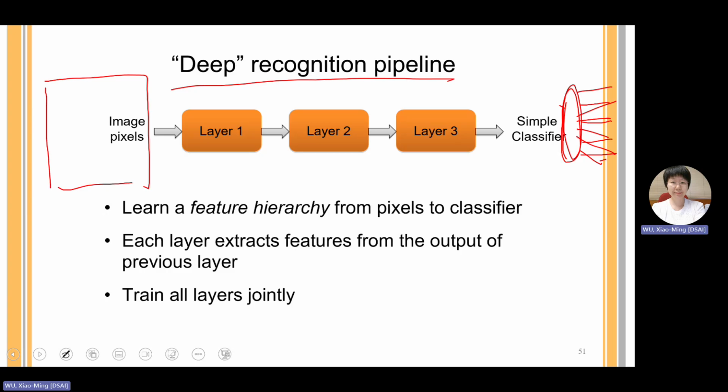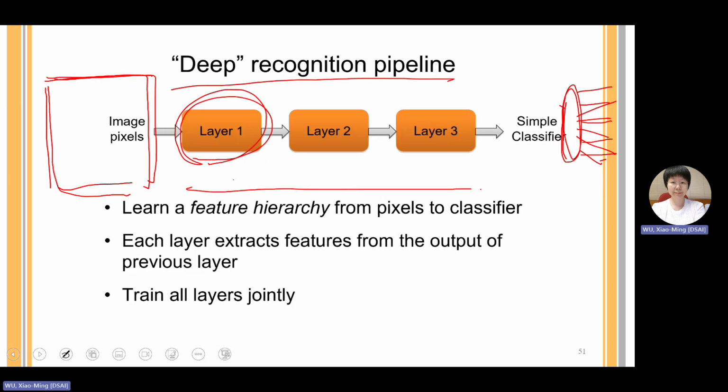We extract features using multiple layers, and we reduce the dimension of the features gradually using modules like pooling layers and convolutional layers.